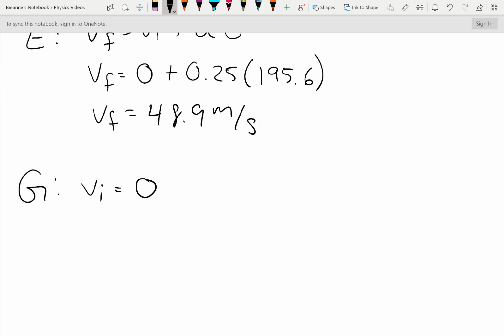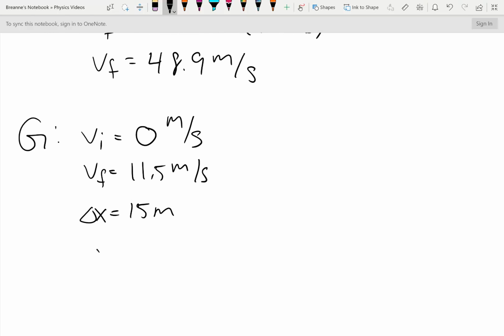The reason our initial velocity is 0 is because, think about it, right before you start a race, you're not moving. And it says in the first 15 meters, you can get up to 11.5 meters per second. So our displacement is 15 meters. We're looking for acceleration. So that becomes our unknown.